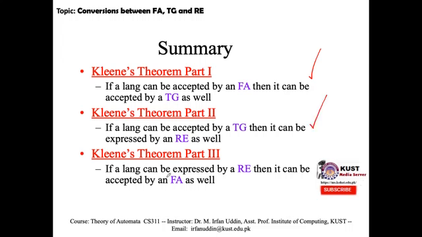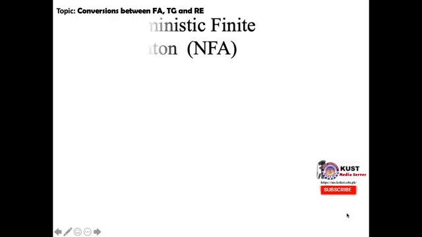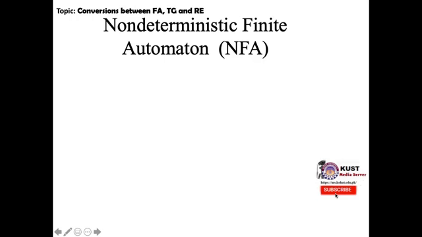Then we discussed that if a language can be expressed by a regular expression, then it can be accepted by an FA as well. So basically these three parts we discussed, and we proved this statement by using different examples.